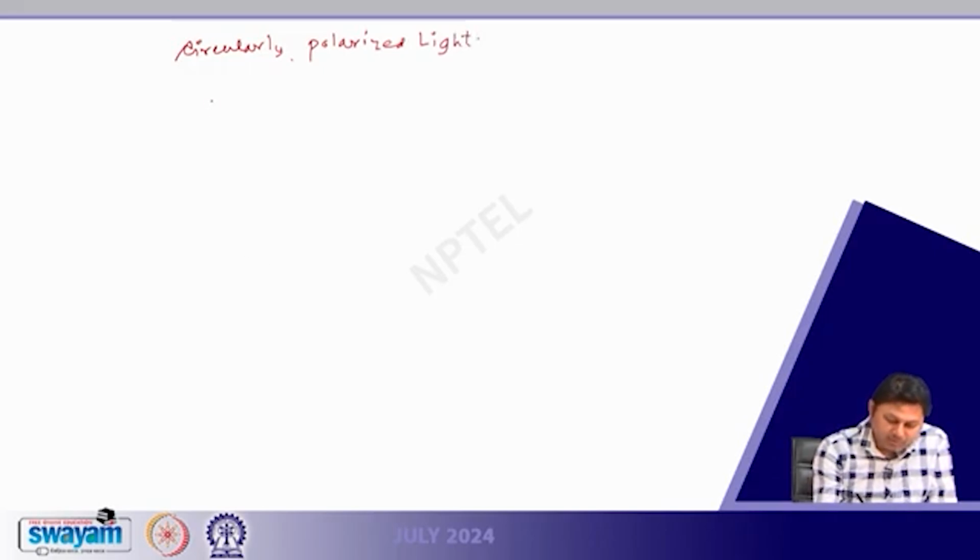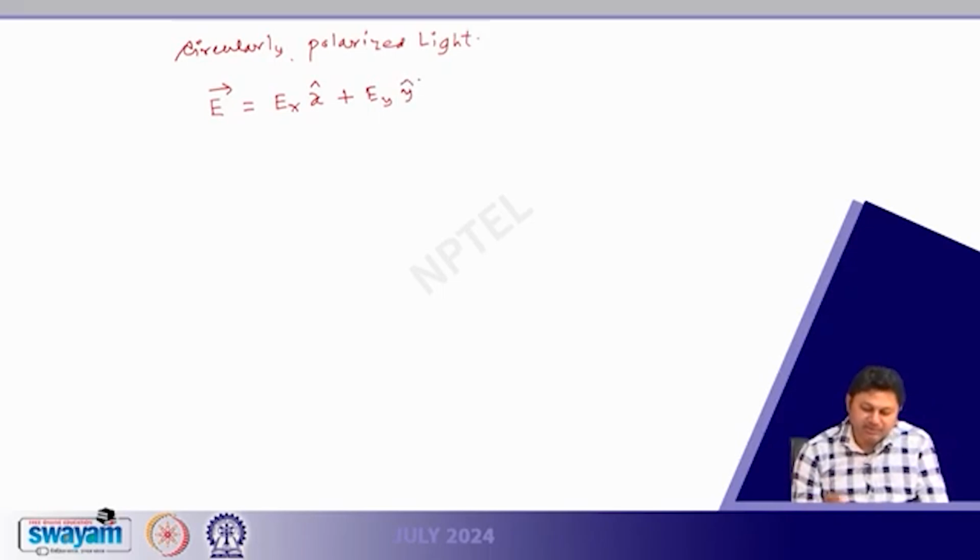So, again go back to our original expression. E, the electric field, is defined as Ex x unit vector plus Ey y unit vector, assuming the electric field is in the xy plane.